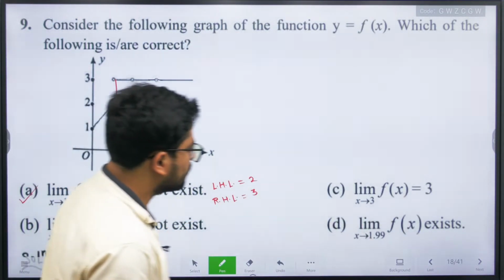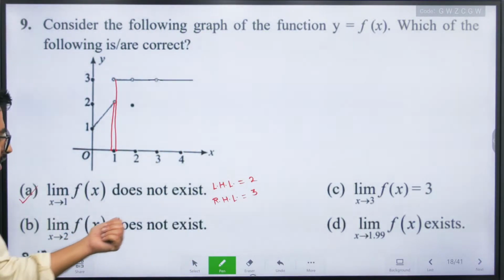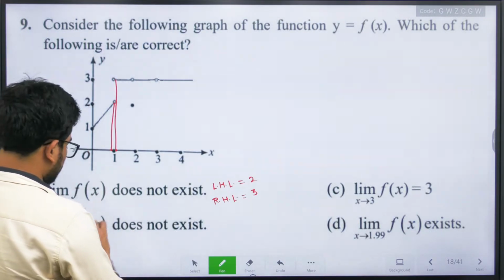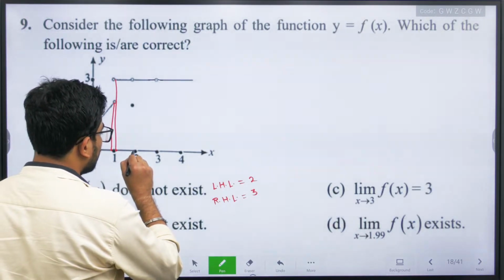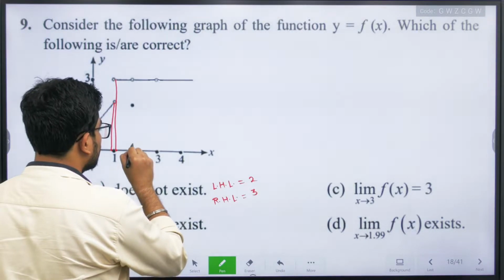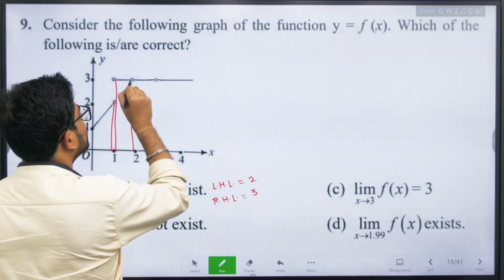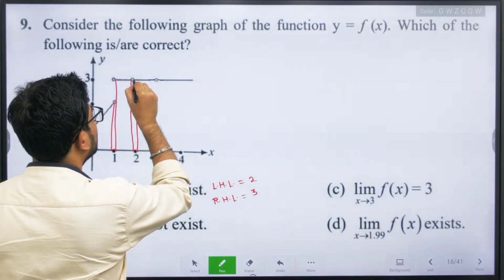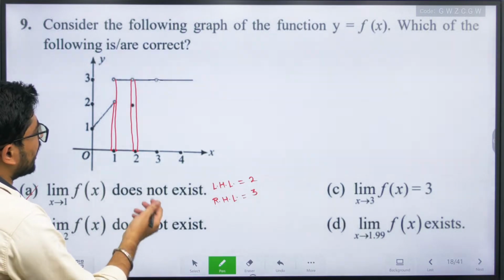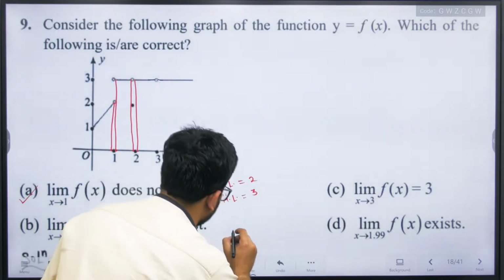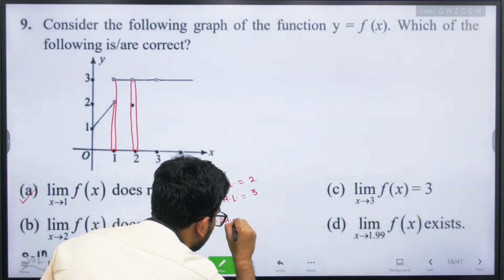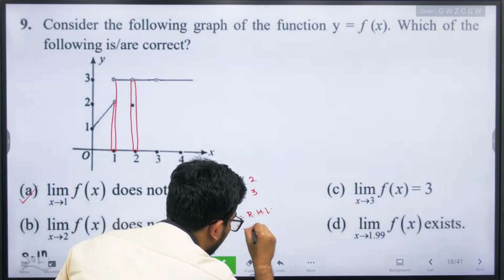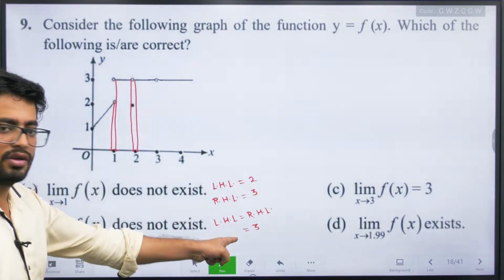Okay, next, B is limit x tends to 2, f(x) does not exist. Let's observe. As x tends to 2, the LHL is here, so your function is very close to 3. The RHL is also 3. Both are 3, so LHL is equal to RHL and the limit exists.